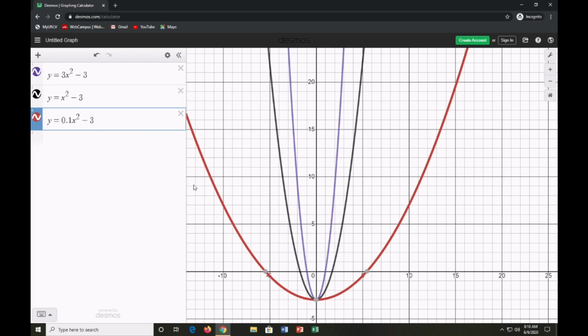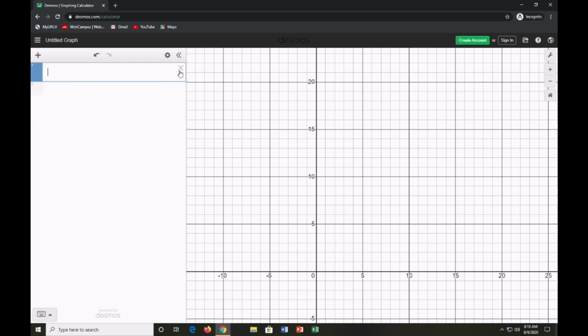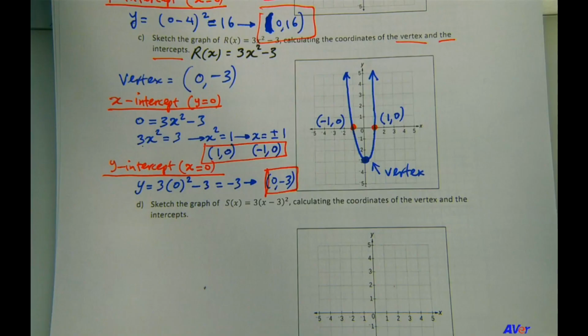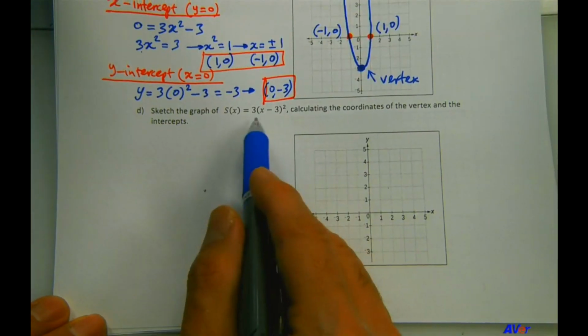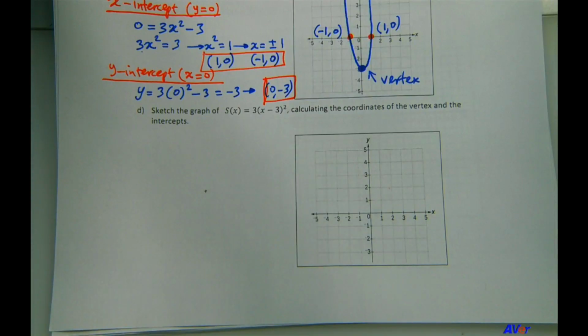Okay, so let's go back to the document camera. The next graph for us is this one. Sketch the graph of this curve, calculating the coordinates of the vertex and the intercepts.